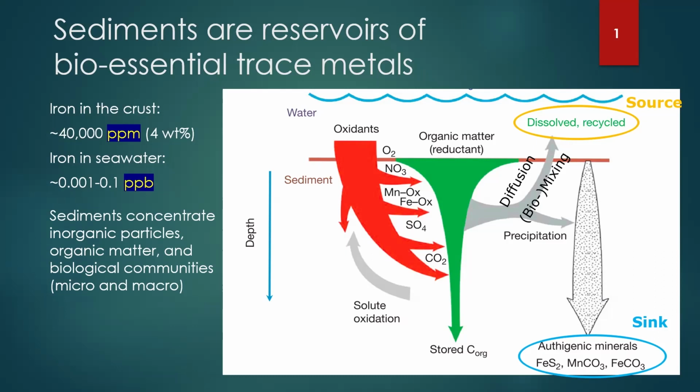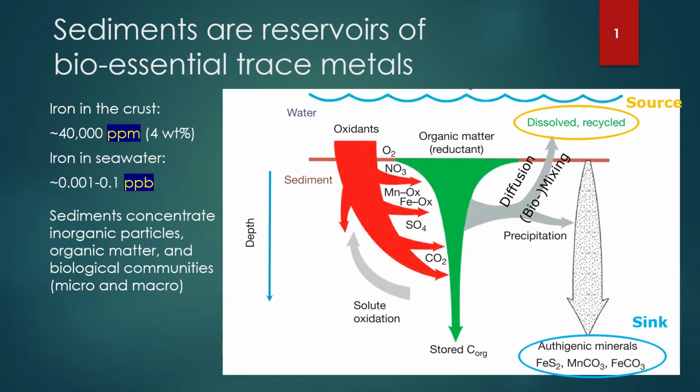And one of the most important ones for iron cycling is the reduction of iron oxides during the oxidation of organic carbon by microbes. And this releases a dissolved form of iron that is reduced, and that can be returned to the overlying water through diffusion or mixing, or advection, depending on your system.